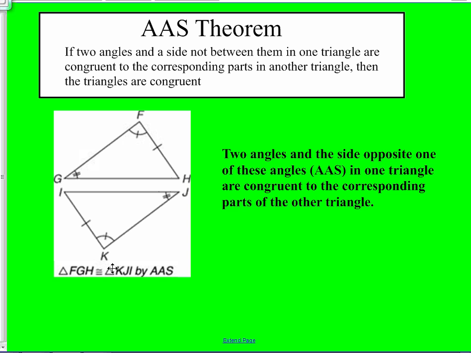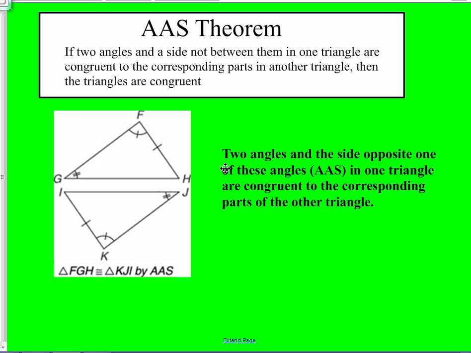All right, and then our second theorem or postulate that we are going to talk about today is the angle angle side theorem. Okay, so if two angles and a side not between them in one triangle are congruent to the corresponding parts in another triangle, then the triangles are congruent.